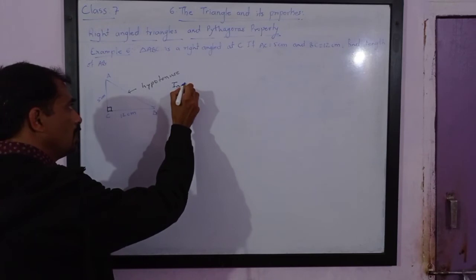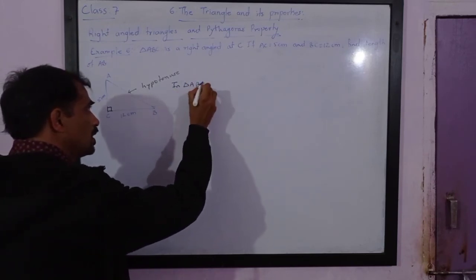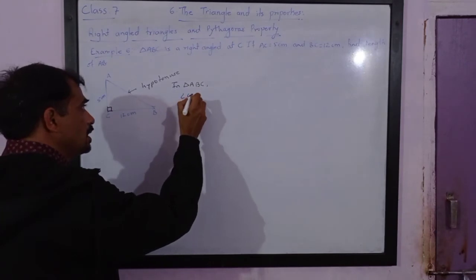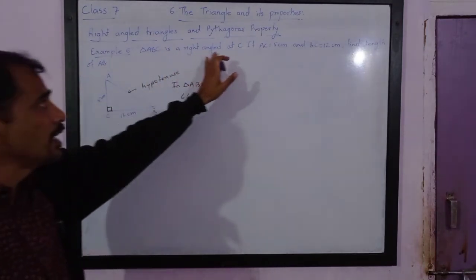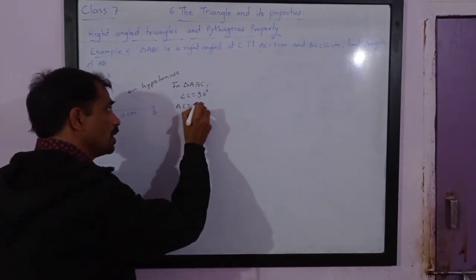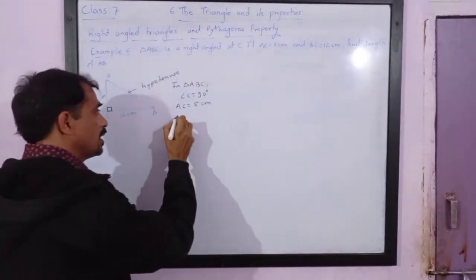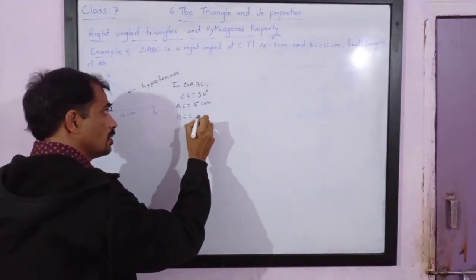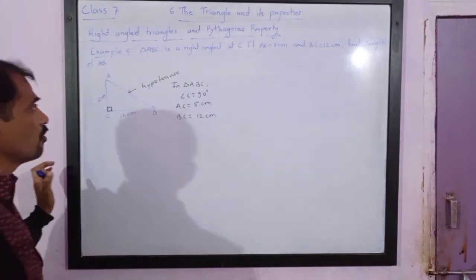In triangle ABC, make a habit of writing like this: angle C is equal to 90 degrees, right angled at C. AC is equal to 5 centimeter, BC is equal to 12 centimeter, and we are asked to find the length of AB.